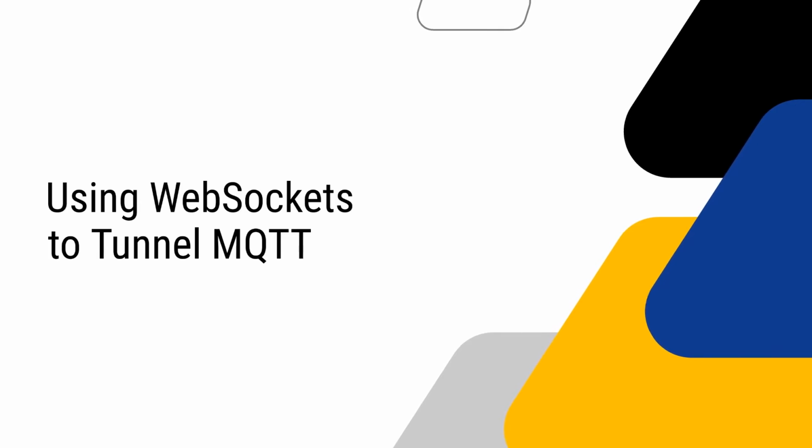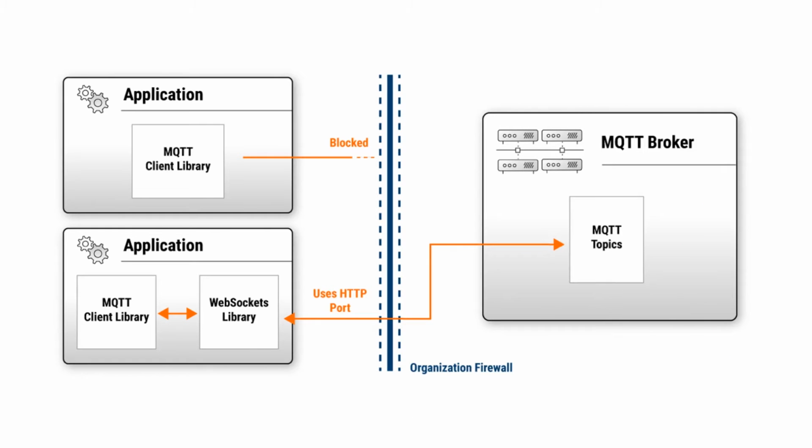There is a lot of IT infrastructure geared towards securing HTTP connections while shutting out unwanted TCP traffic. Many organizations are reluctant to open the MQTT standard ports to allow MQTT applications to communicate with the intra-organization infrastructure.